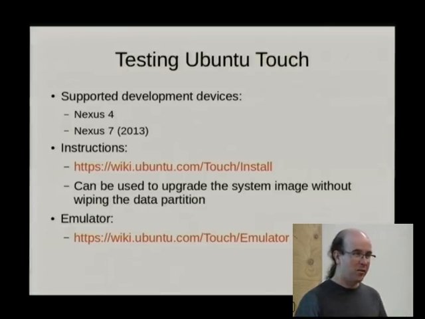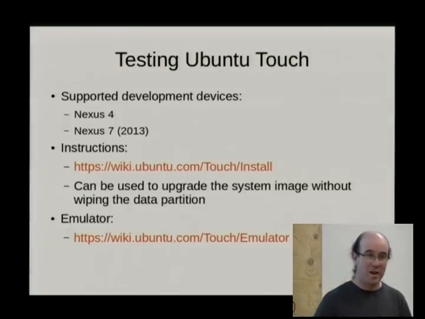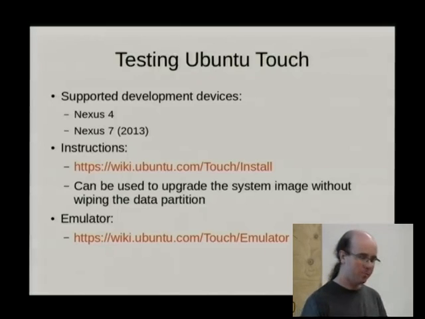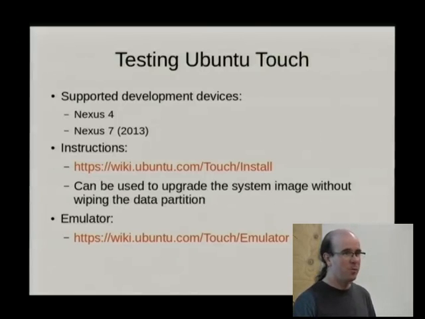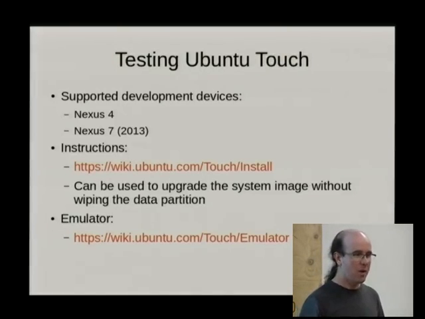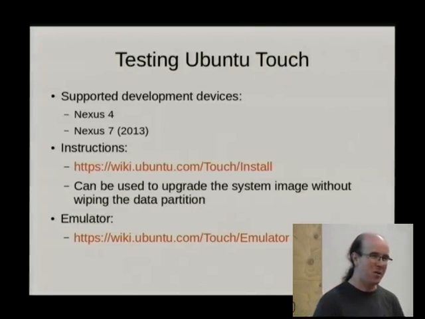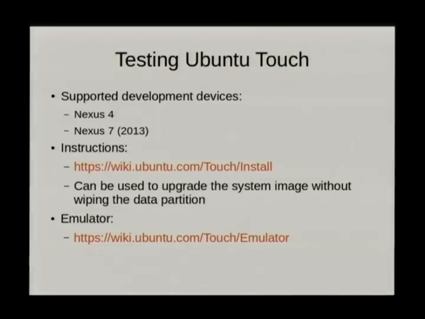Now, if you don't have any of those pieces of hardware, there is also an emulator available. This can run an ARM emulator under QEMU on a desktop machine, or we've also got an x86 build which will run in the emulator as well, which gives quite a bit better performance because you're not emulating the instruction set.